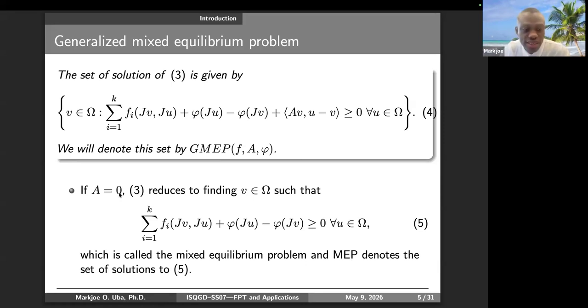So if A is 0, then the problem we are solving will reduce to 5. And this 5 is called the mixed equilibrium problem. And MEP will denote the solution set to equation number 5. Of course, if F is also identically 0, as well as A, then we are dealing with an optimization problem, which is one of the applications of this result.